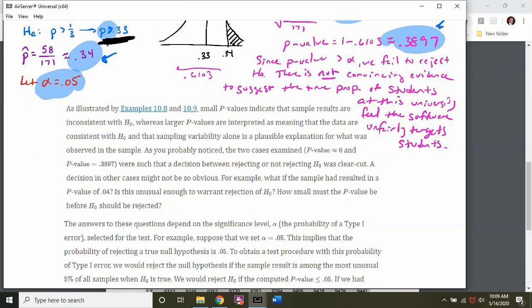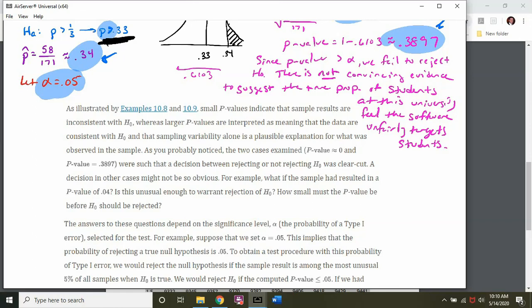Whereas larger p-values, like the one we got in 10.9, that 39%, are interpreted as meaning the data are pretty consistent and that sampling variability alone is a plausible explanation for what was observed in the sample. As you probably noticed, in the 2 cases examined, p of about 0 and p of about 0.3897, the decision between rejecting or not was clear-cut. A decision in other cases might not be so obvious.